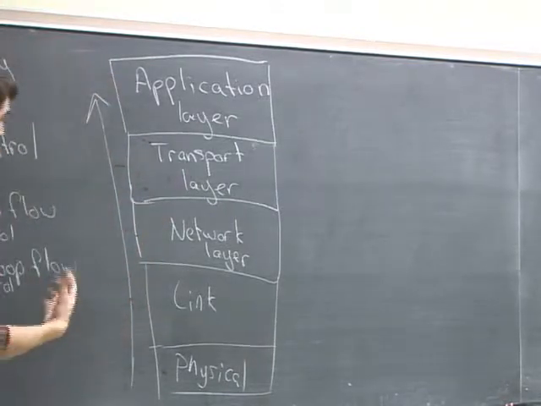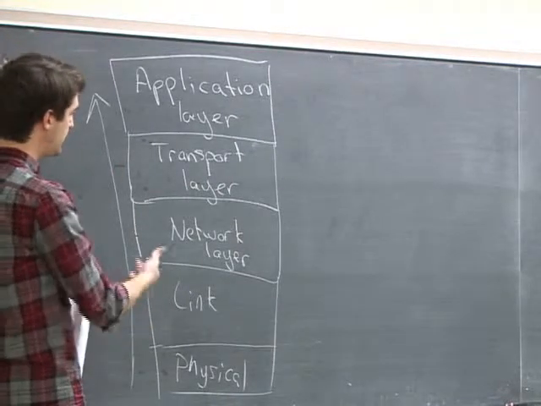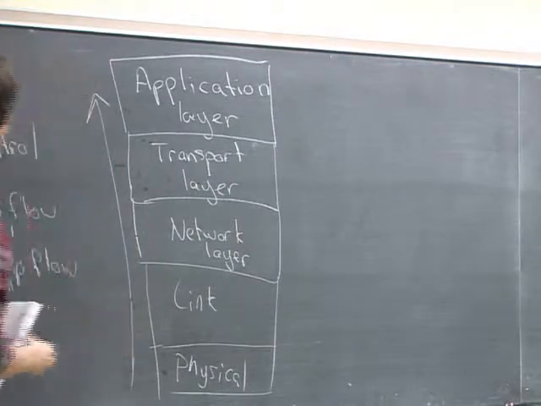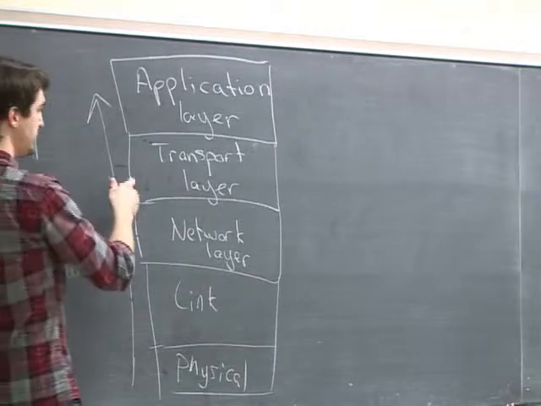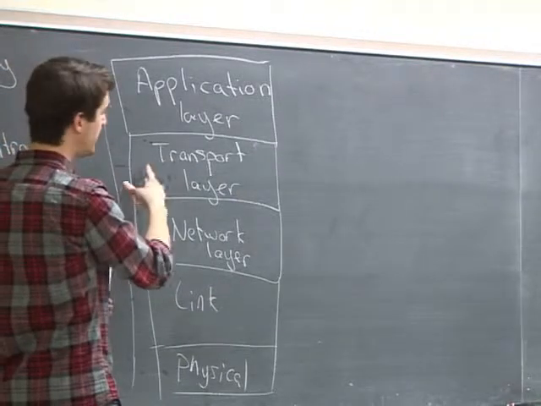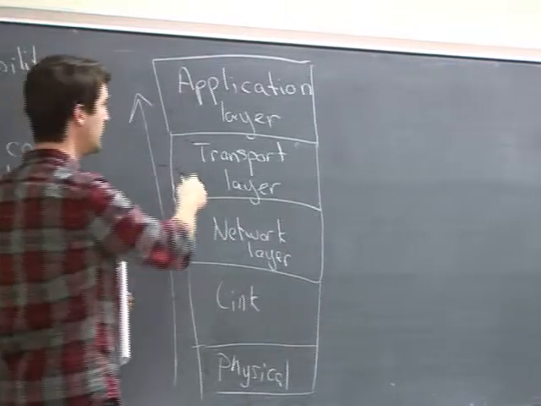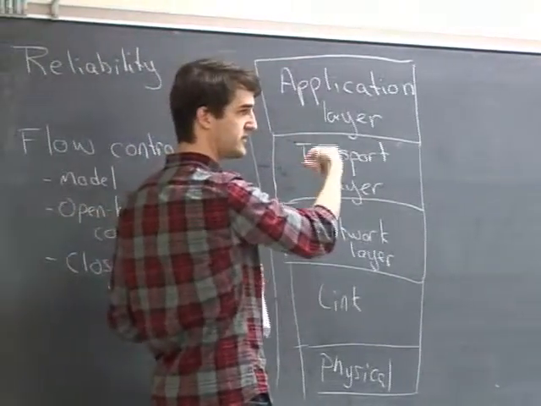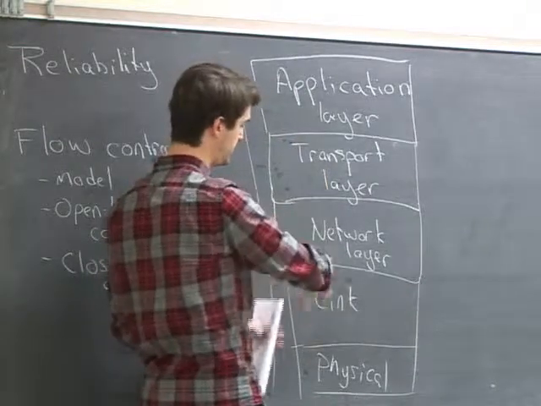This also allows us to implement things at the layer where it makes the most sense. We'll see that reliability and flow control are implemented in most protocols like TCP at the transport layer, because it really makes the most sense to put them there, okay? We don't want to write the same functionality for every different application, and we can't really push it into a lower layer.